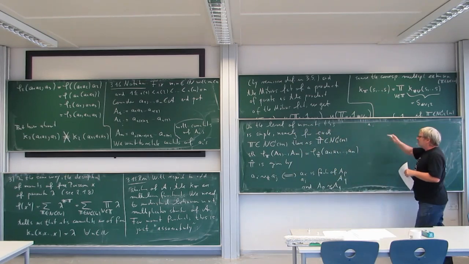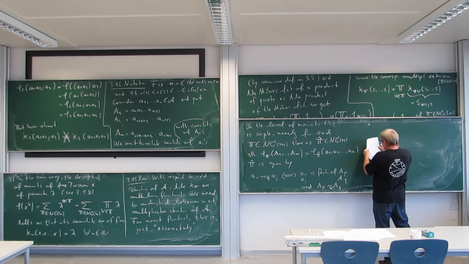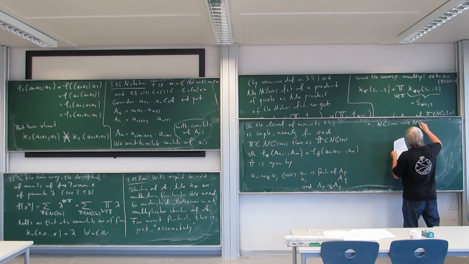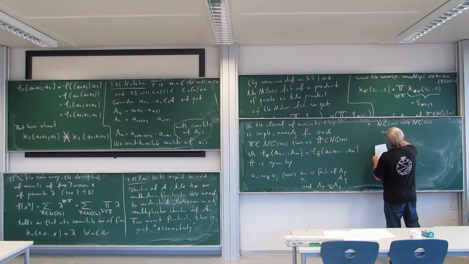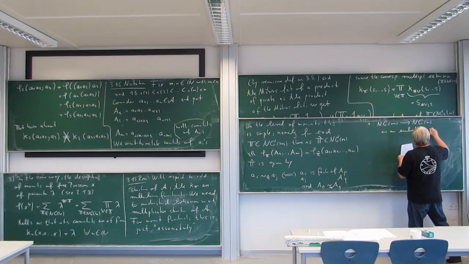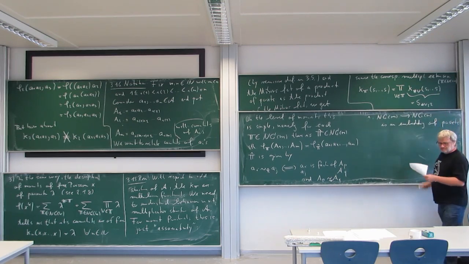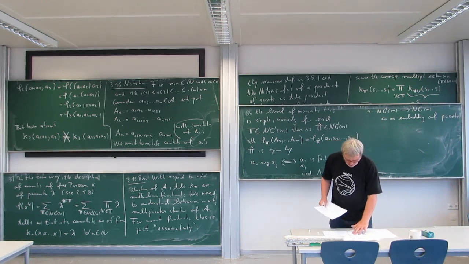When I'm choosing the i's differently, then of course I have a different mapping. But this is fixed beforehand. So this is an embedding of posets.